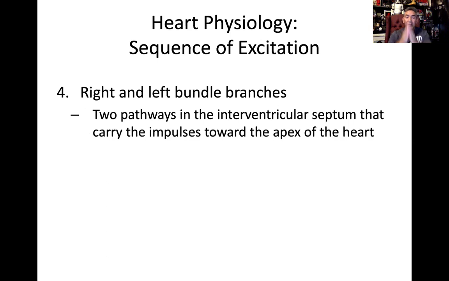Then we have this branch that starts to go to the right side of the heart and to the left side of the heart, and now we're looking at the bundle branches, right and left bundle branches. So two pathways in the intraventricular septum carry the impulses towards the apex of the heart.